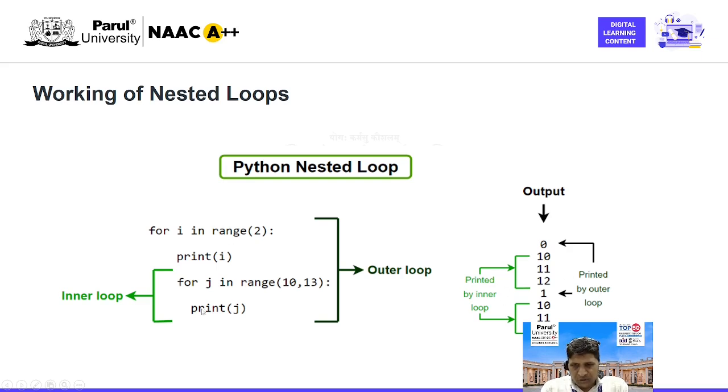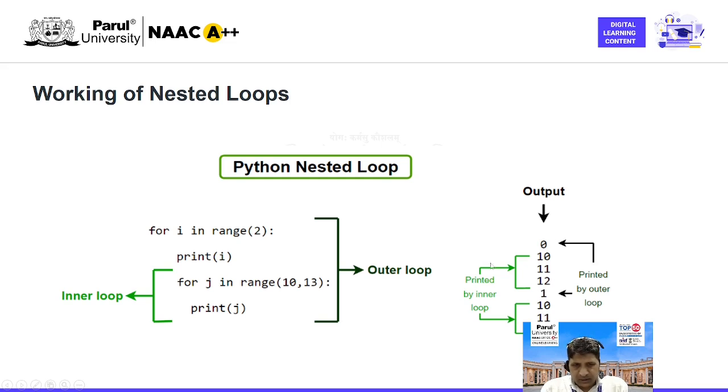Again, the value of the outer loop increases from 0 by 1, it means 1. 0 plus 1 is 1. Now 1 is printed by the outer loop. Again the same loop repeats: 10, 11, 12.